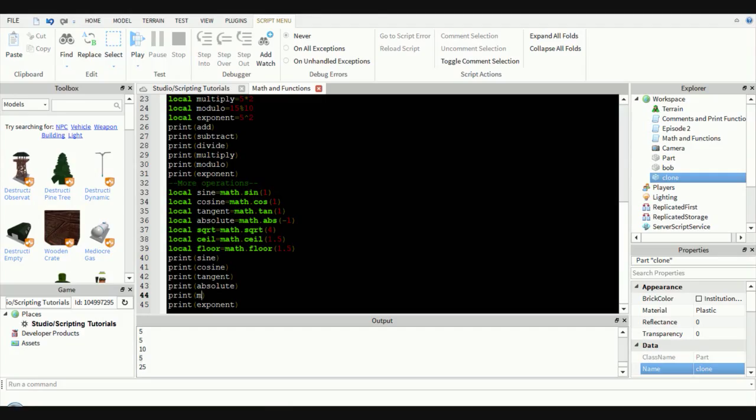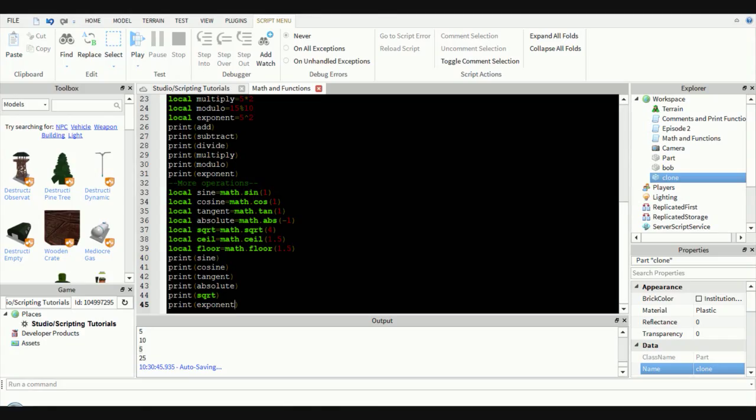Absolute value takes the distance a value is from 0, so -1 is just one away from 0. And there's also square root. Square root is like taking a number and trying to find a number that, when you multiply it by itself, equals that number.